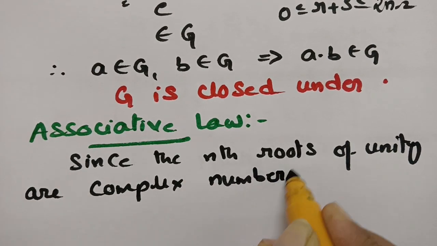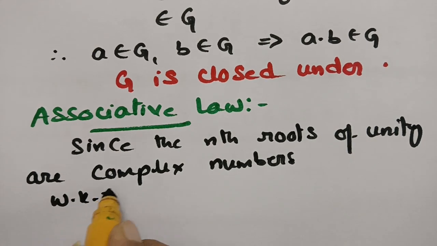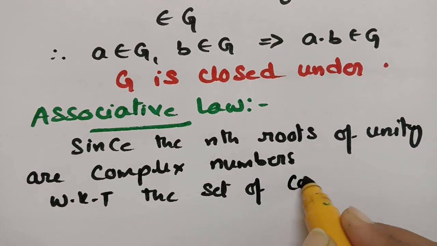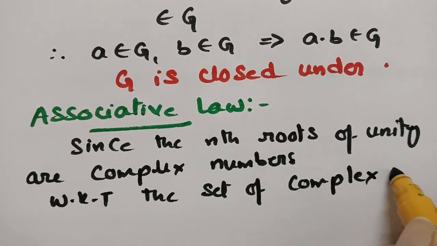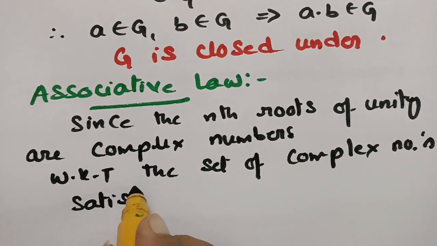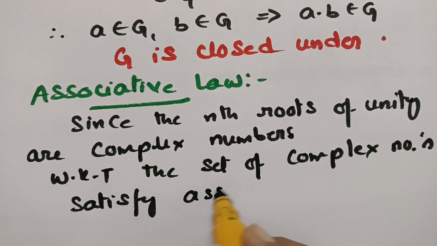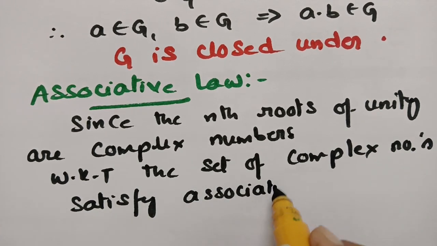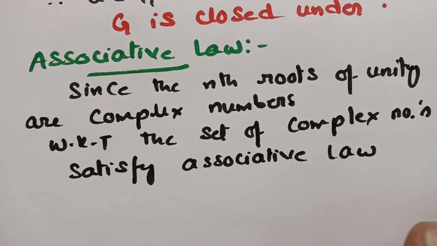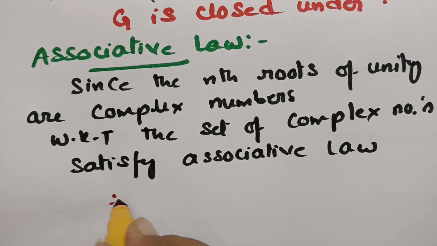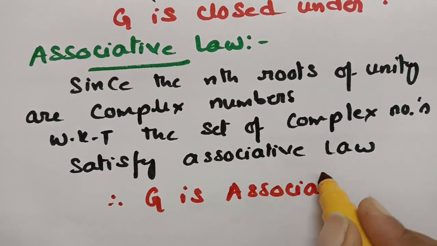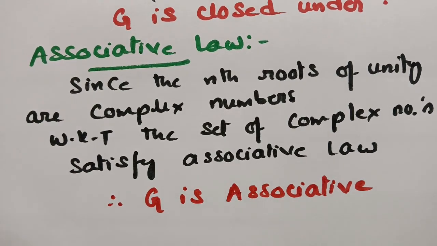And we know that the set of complex numbers satisfy associative law. Therefore, we say that G is associative. The set G is associative.